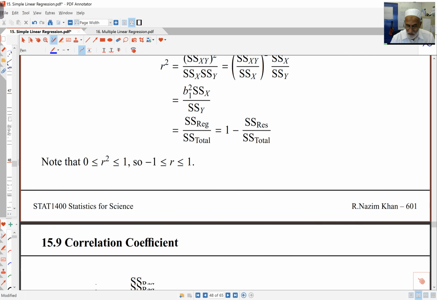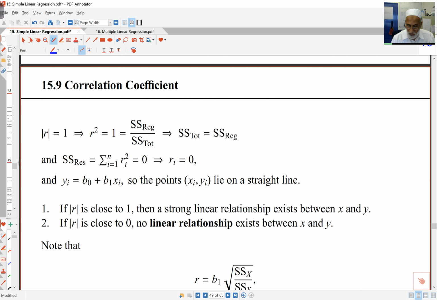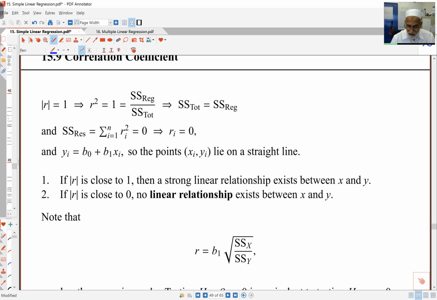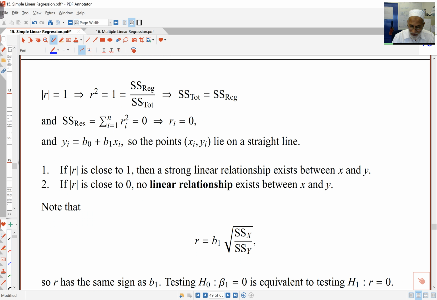Be careful, because you can often get situations where the relationship isn't linear and you're getting a 0 coefficient there, but there is some relationship still. So the idea, as we said before, was that if R is close to 1 in absolute value, there is a strong relationship, because in that case, the total sum of squares is about the same as the regression sum of squares.